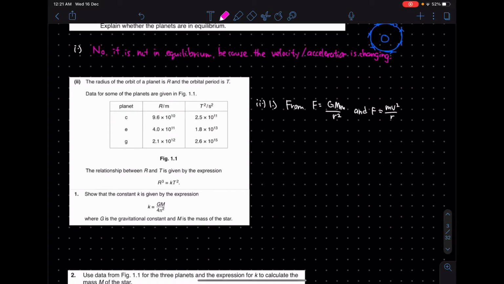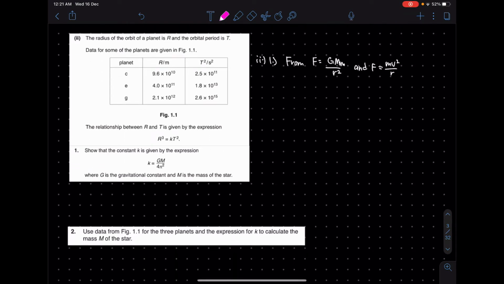For the next question, we're given a table with the radius of the orbit and the orbital period squared of certain planets, and we're given a relationship which says that r cubed is equal to kt squared. The first question wants us to show that the constant k is given by this expression.